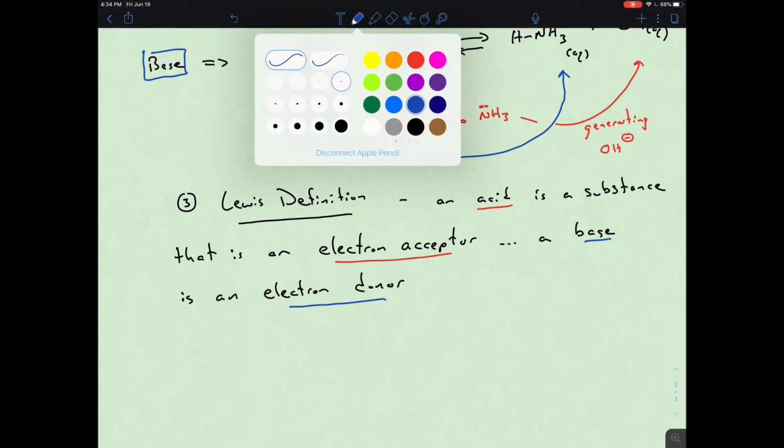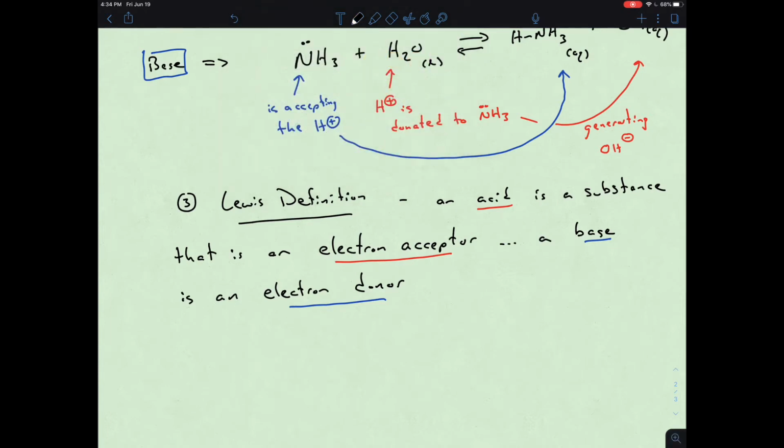As an example, we could look at ammonia reacting with boron trifluoride.